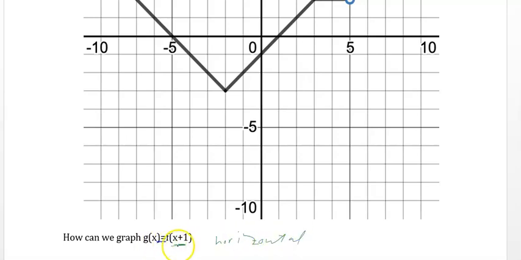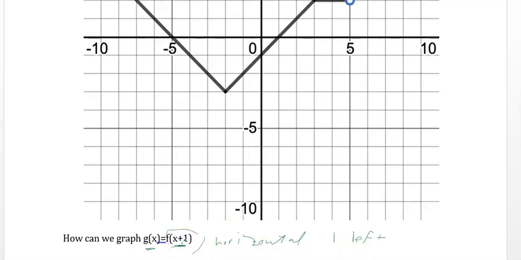If it's inside the parentheses, we're not affecting the y. Now you're saying your y for this function is the same as the y at a different value of x for your old function. So it's a horizontal shift and it moves 1 to the left. X plus 1, our gut says it should go to the right, but you do the opposite of what you would think. If you're adding 1, you're moving 1 to the left for a horizontal shift.